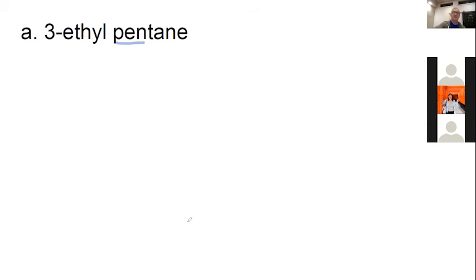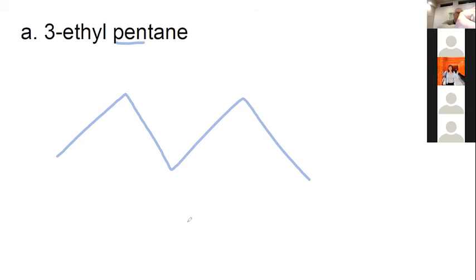So if I'm doing the skeletal structure, I go 1, 2, 3, 4, 5. So there's my 5. And then which carbon has substitution? 3. Which one's 3? The one in the middle. The one in the middle, right. So 1, 2, 3, 4, 5.